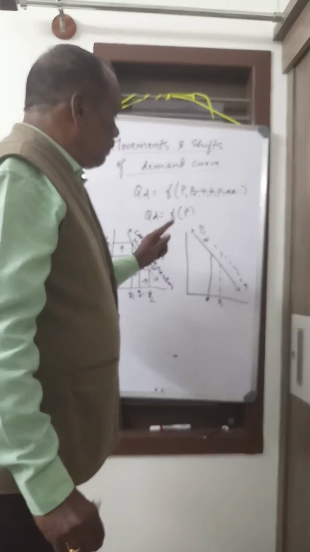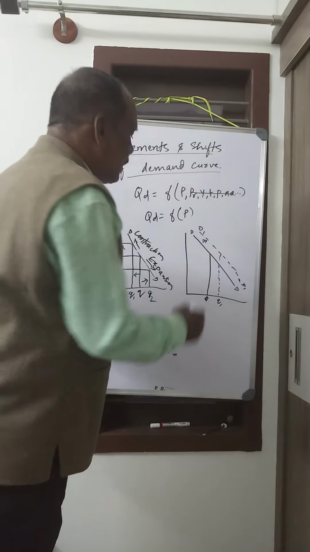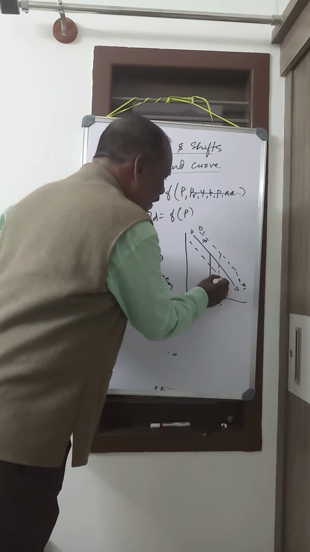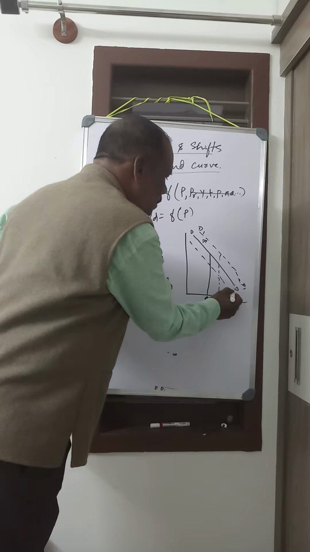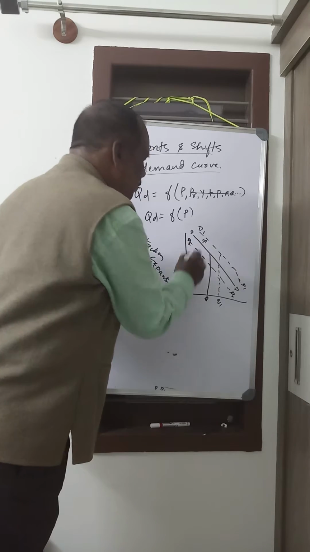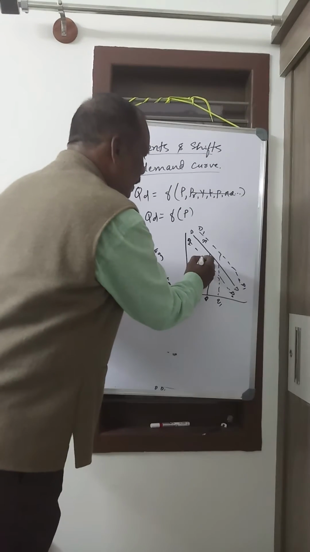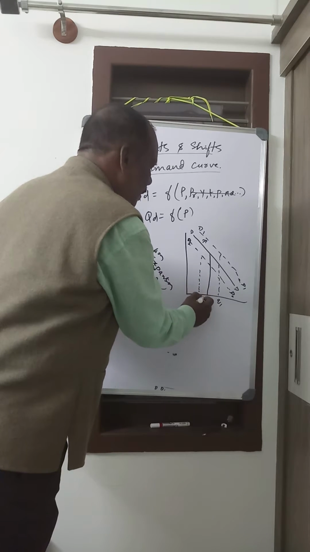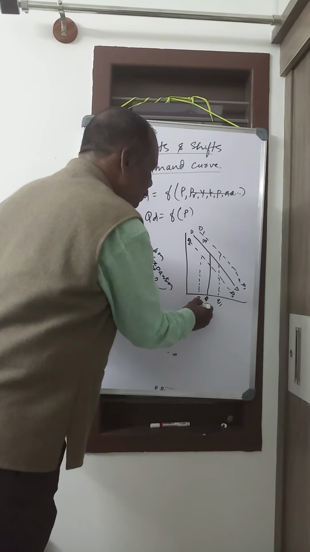Suppose the income of the consumer decreases, the curve shifts to D2, the demand falls to Q2.